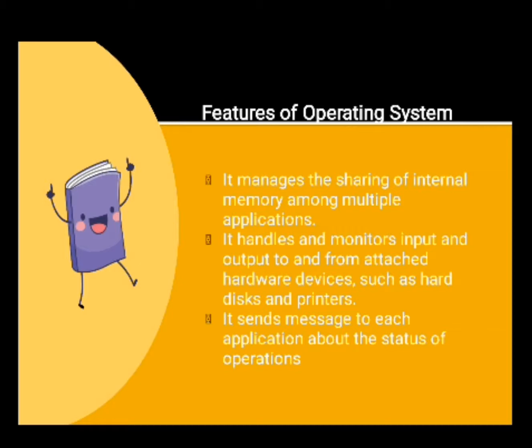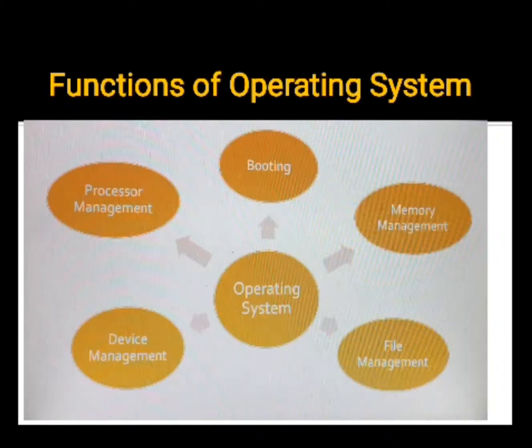It manages the share of internal memory among multiple applications. It handles and monitors input and output to and from attached hardware such as hard disk and printer. Whatever operations you are performing on your computer or on your mobile, that is mostly provided by the operating system.